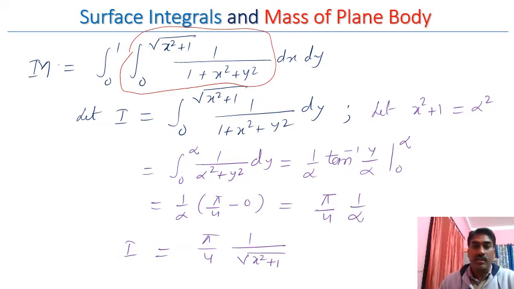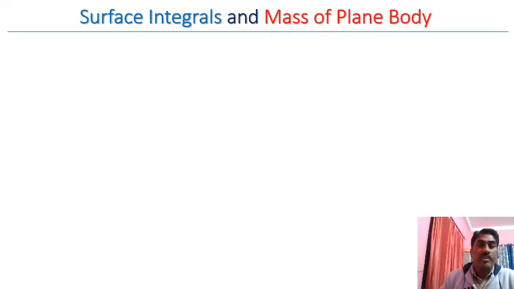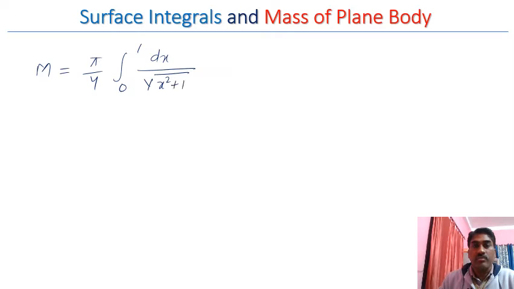So we are getting m is equal to pi by 4, integral from 0 to 1, dx by square root of x square plus 1.